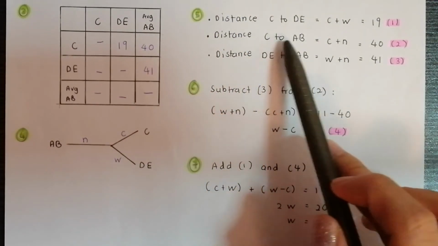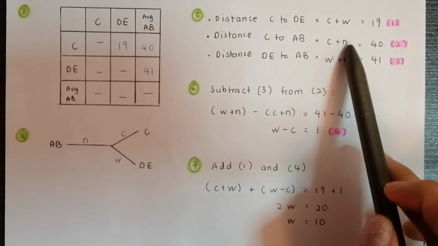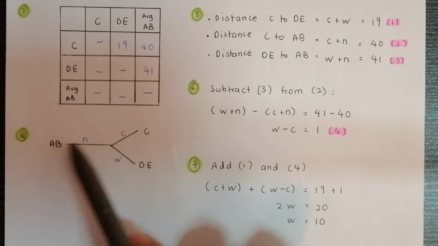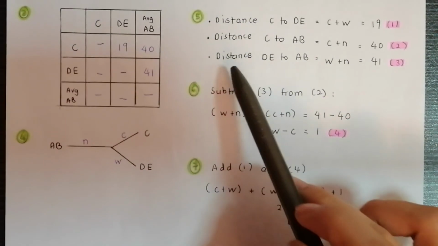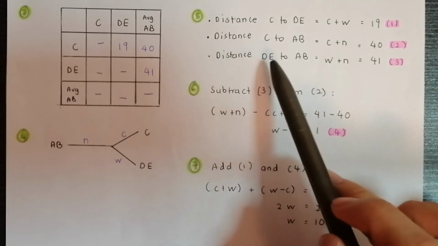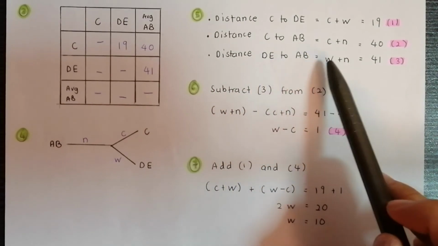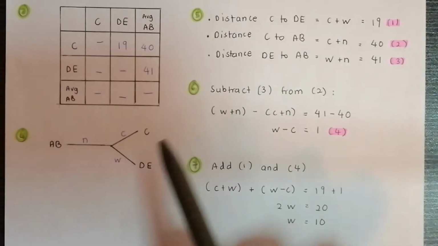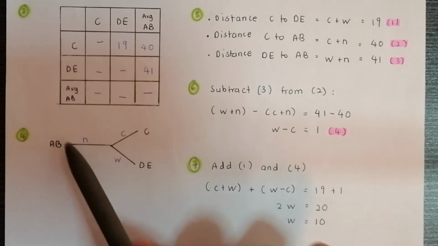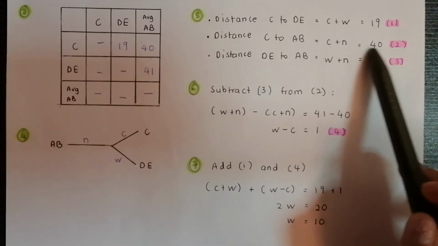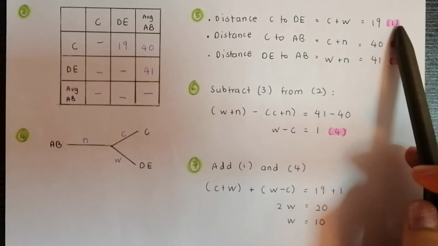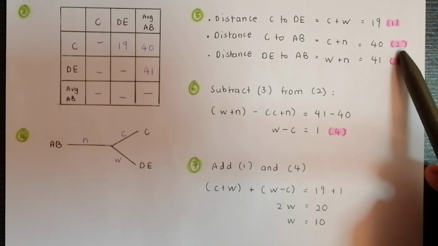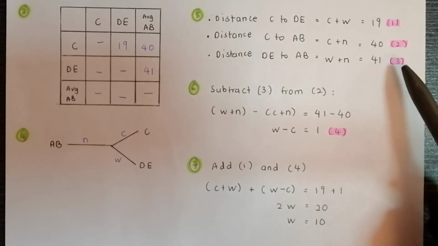The distance from C to AB is C plus N, which equals 40. And the distance from DE to AB is W plus N, which is 41. So 19 is equation 1, 40 is equation 2, whereas 41 is equation 3.